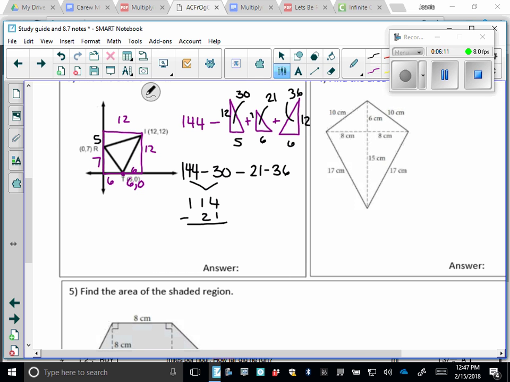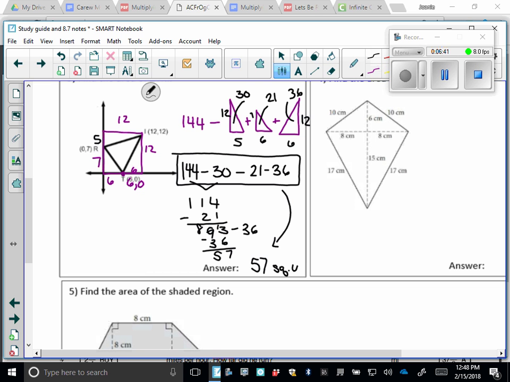If I subtract here, maybe you do a little bit of that. It would be fine to jump from this right here to your final answer. It's an area problem, so we're in square units.